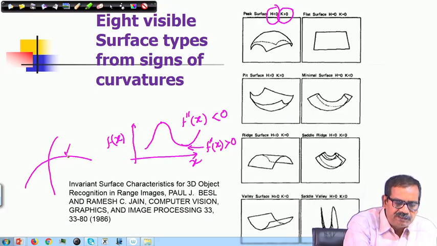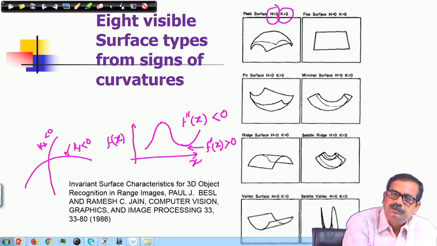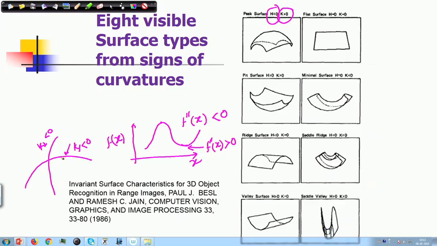So, we expect the principal curvature values to be negative here. There are two directions. If I consider these to be the two principal directions for principal curvatures, both should be negative, then you can get this kind of peak shape.